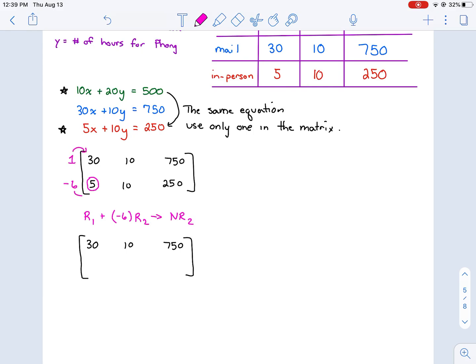So 1 times 30 plus negative 6 times 5 will be 0. 1 times 10 plus negative 6 times 10 will be negative 50. 1 times 750 plus negative 6 times 250 will be negative 750.